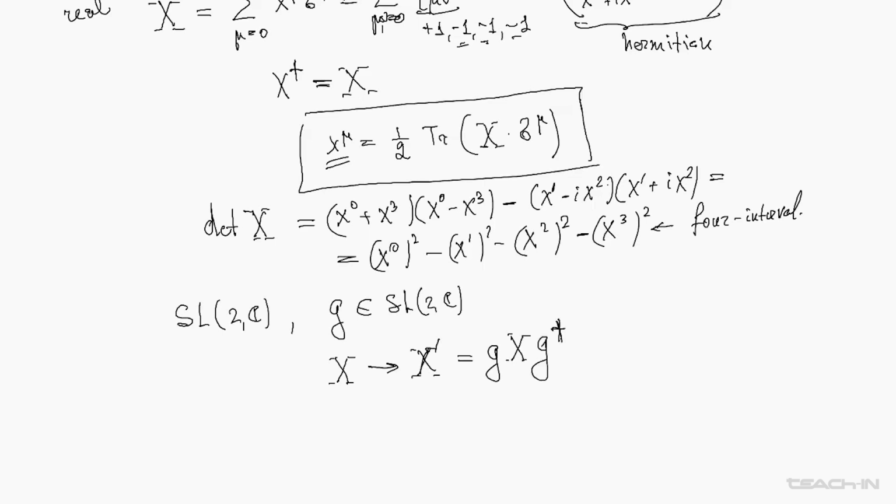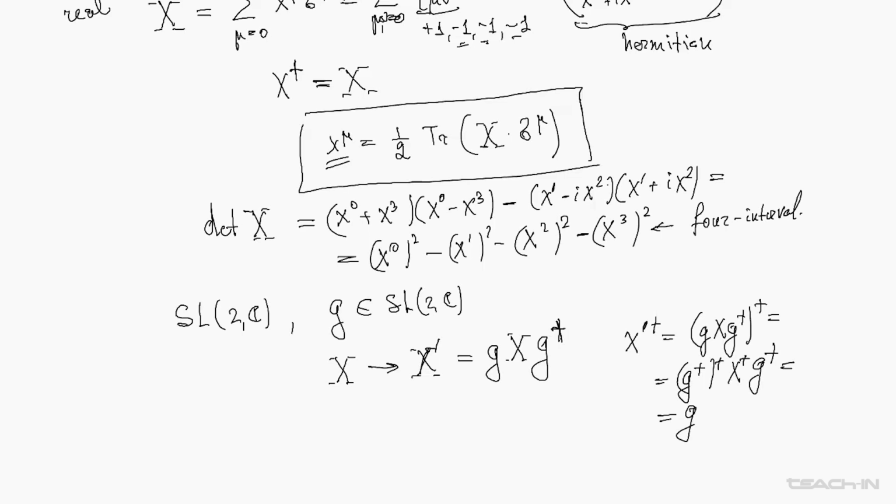It's clear that such a transformation will not destroy hermiticity. It preserves hermiticity, because if you take Hermitian conjugation, due to the rules of Hermitian conjugation, you will get G X G dagger dagger, then G dagger dagger, X dagger, G dagger, and dagger dagger gives you G back. X is Hermitian, and so you return to X itself.